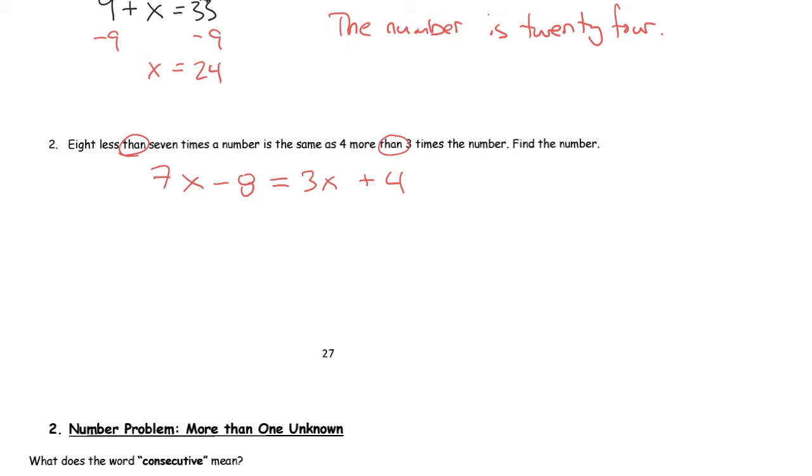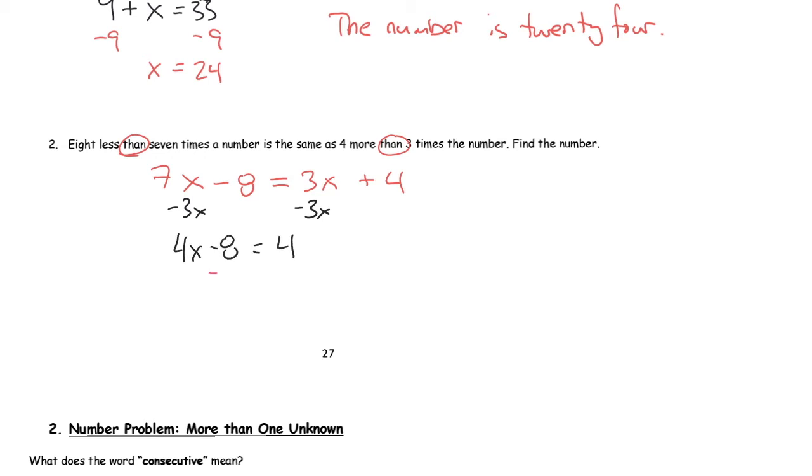And remember, every time we've got this 'a number' here, that is referring to an unknown. So we're going to use the letter x to refer to that. So the first thing I'm going to do is move my x terms over to the same side, to combine them. So we're going to subtract 3x from the right-hand side to bring that over. That's going to get me 4x minus 8 is going to equal 4.